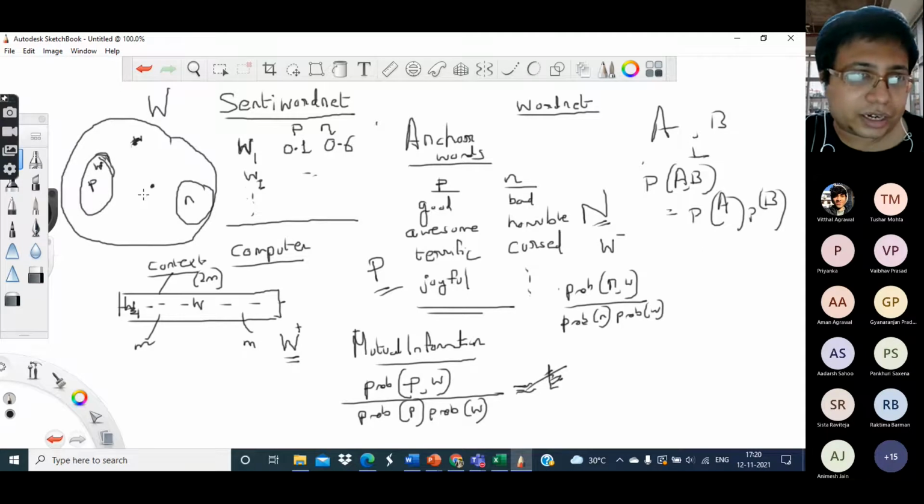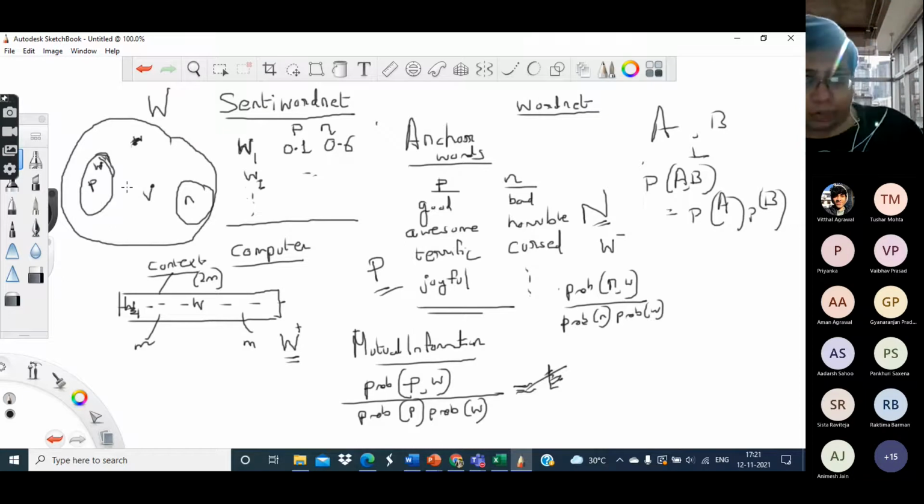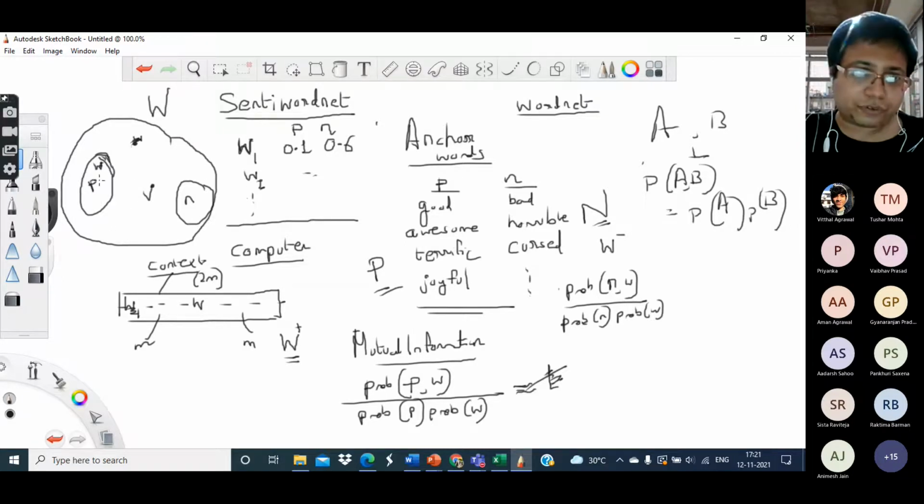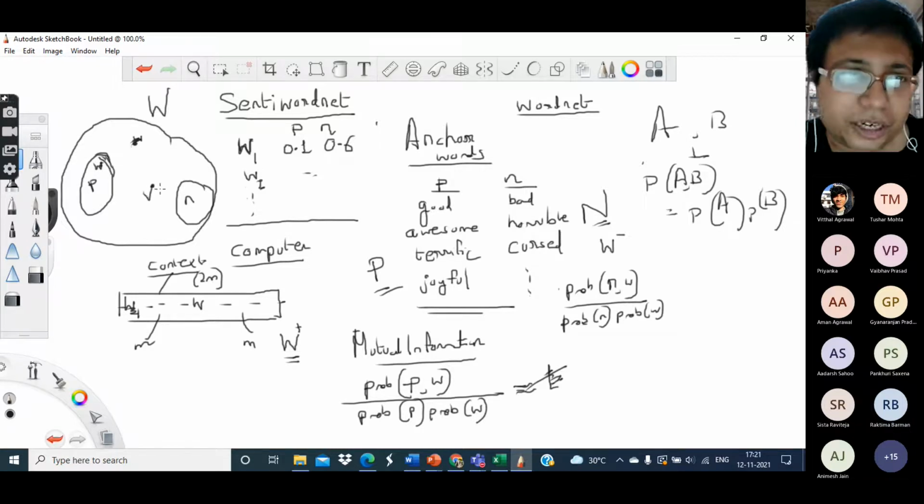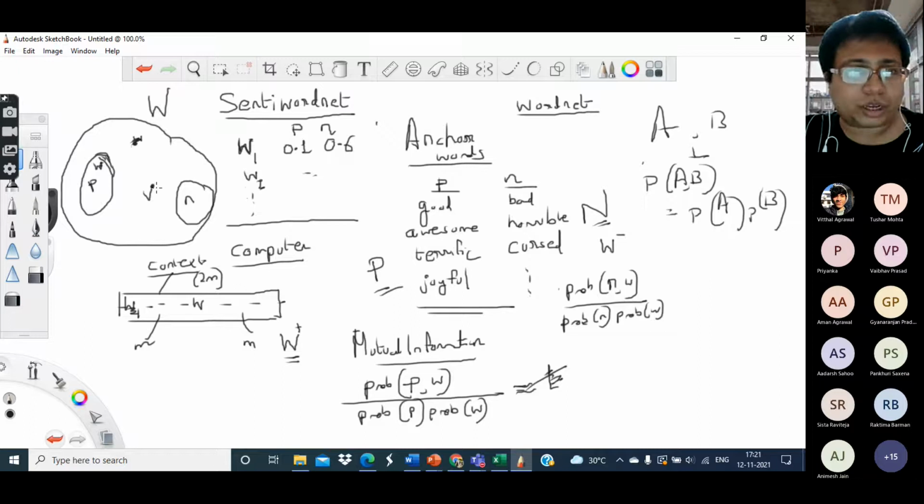Next you take another word, let's say V. Again, you calculate its mutual information with the different words in P. Now you are including this W also, since W has already been added in P. Again you do the same test, and suppose this time you find that V has a slight co-occurrence chance with the negative words.